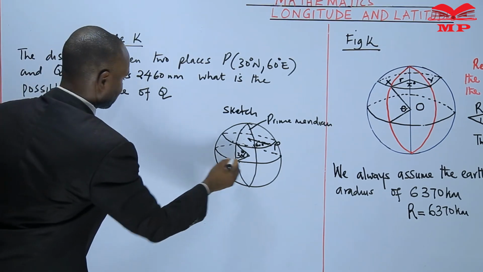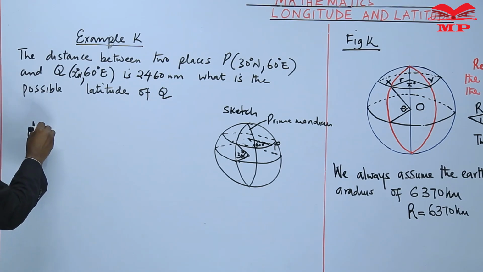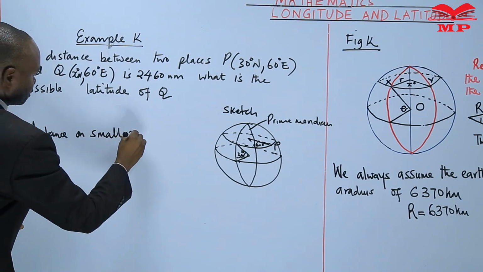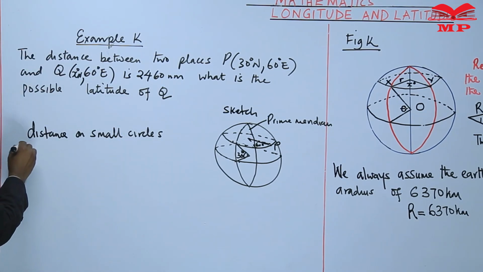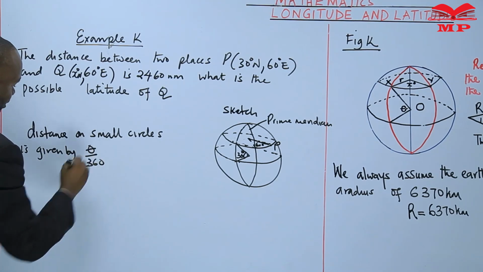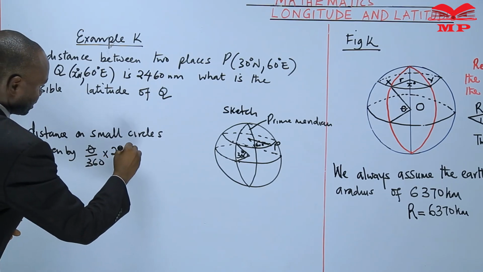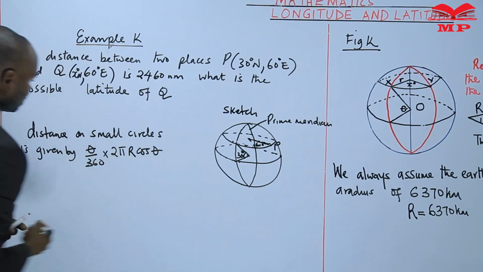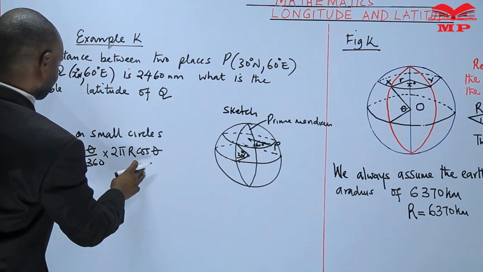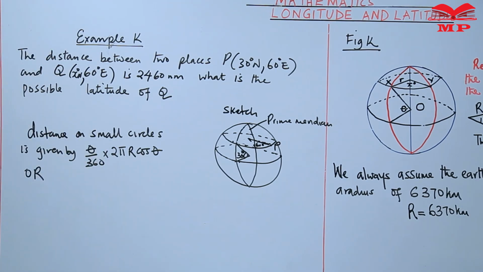And since it is a small circle, distance on small circles is given by theta over 360 times 2 pi r cos theta. Or if we are using nautical miles, it will be given by 60 nautical miles.